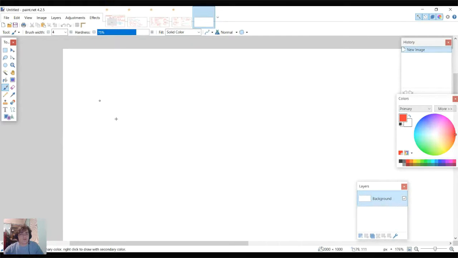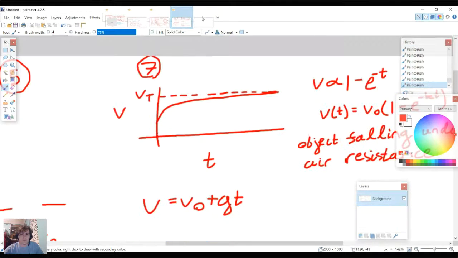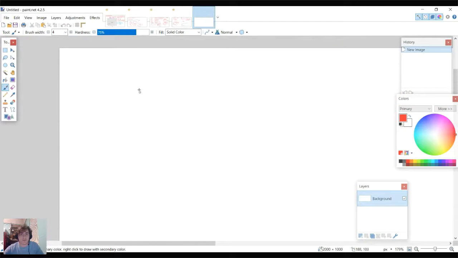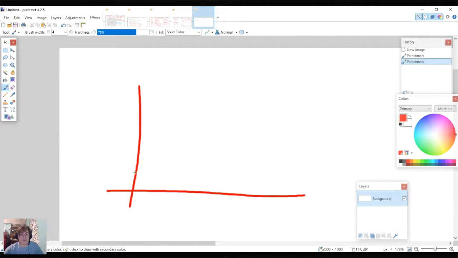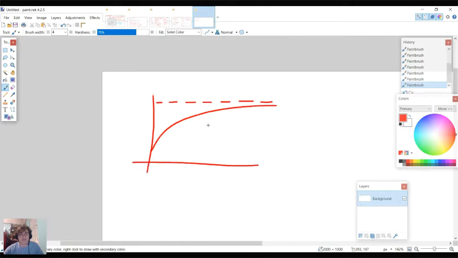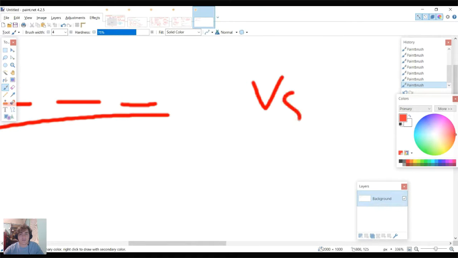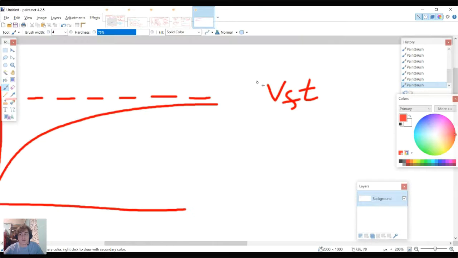A lot of things aren't idealized in physics, right? Like for example, with the terminal velocity here, I'll draw the example again. You can't just find the displacement by doing v_f times t, or change in velocity times change in time.